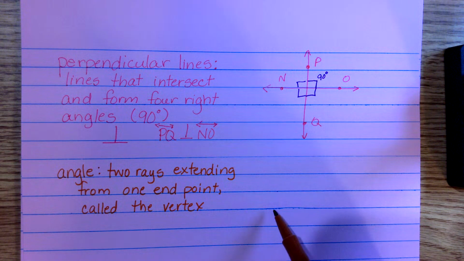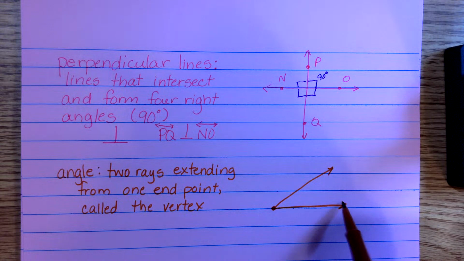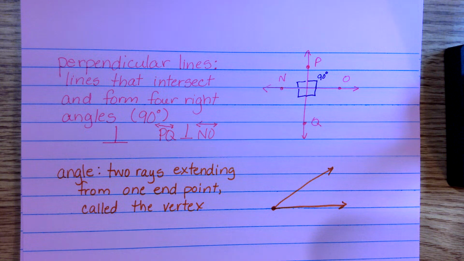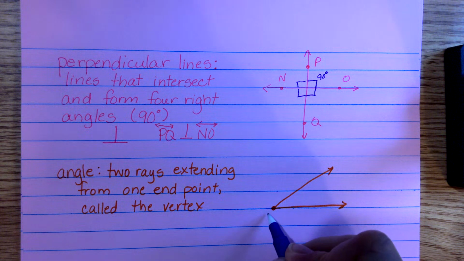So looking at, here's a point, the ray extends out this way, a ray extends out this way, and this point right here is actually called the vertex.